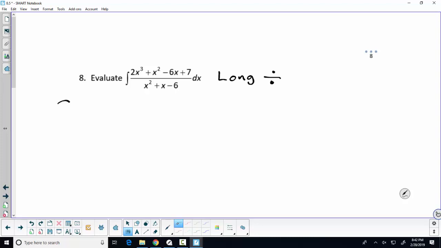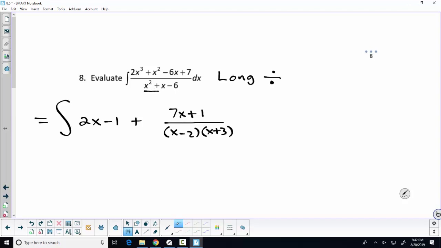But long division turns this into the integral of 2x minus 1 plus 7x plus 1 remainder over divisor, which we factor as x minus 2 times x plus 3, for this thing right here.